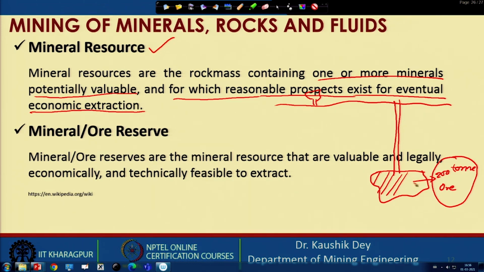That means, today it may not be, we know the occurrence, we are sure about the occurrence of this one, but we are not sure about the eventual economic extraction of the same. It may be potentially valuable in the future.